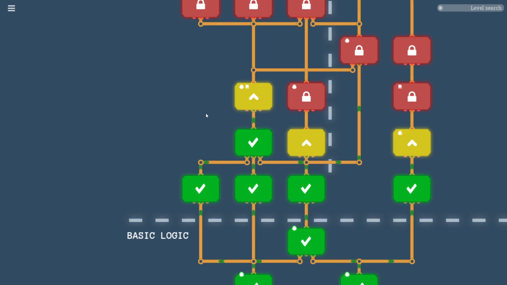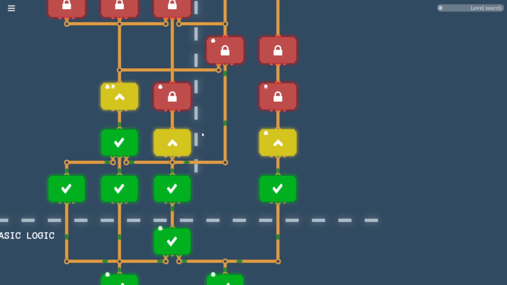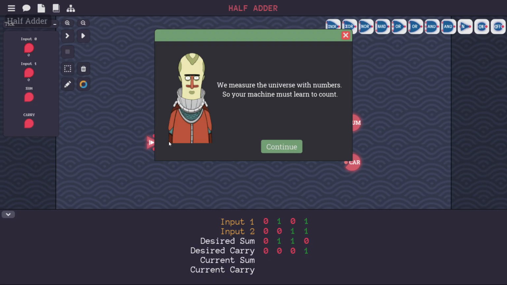So today we are going to see how we're able to create these circuits that are able to add signals, so stay tuned. The level says we measure the universe with numbers, so your machine must learn to count.